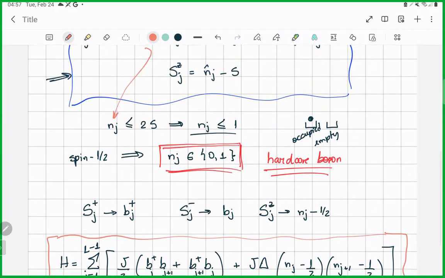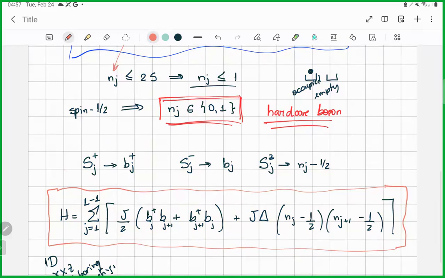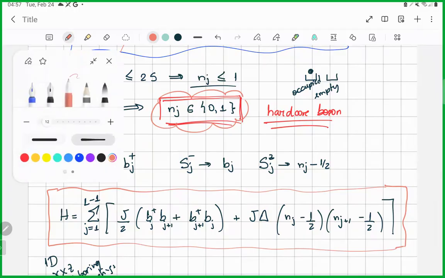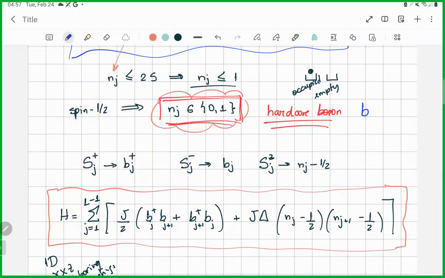So hardcore bosons, they have this special constraint here. Now, hardcore bosons have this special constraint that we cannot remove two bosons or create two bosons on the same site, because the maximum occupation is one.